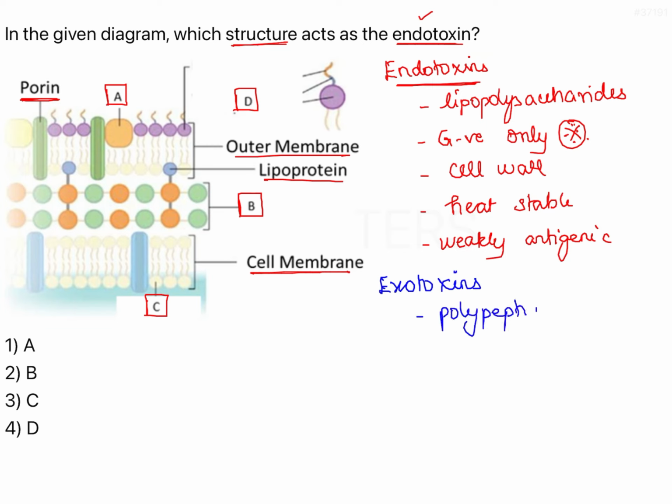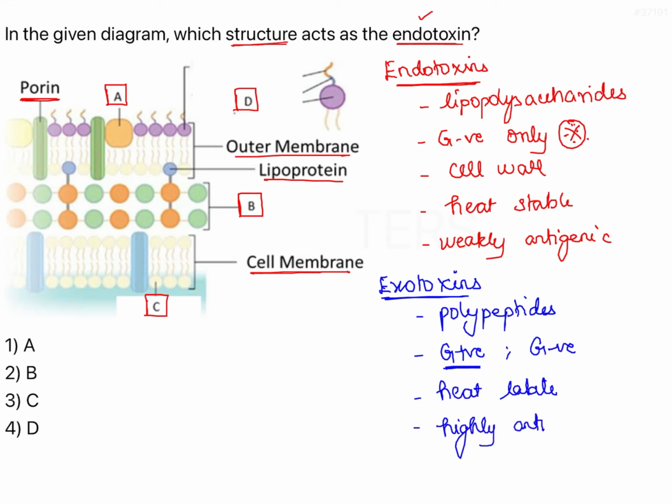They are polypeptides in nature and they are produced mainly by gram-positive bacteria and also by some gram-negative bacteria, but predominantly by gram-positive bacteria. And these exotoxins do not require bacterial lysis because they are not a part of the cell wall, and therefore they can be released readily or actively into the medium. And the exotoxins are heat-labile toxins, but they are highly antigenic in nature.